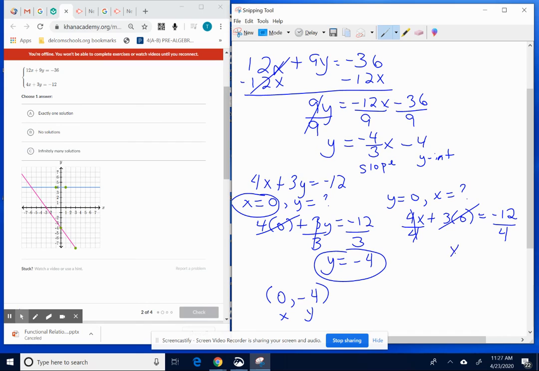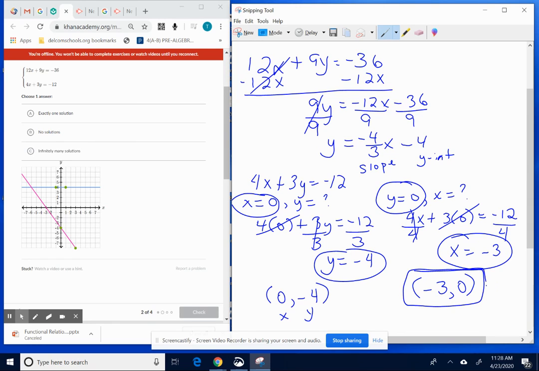When I do that, I get x equals -3. So when y is 0, x is -3. When I write it as a point, I need to put my x coordinate first, -3, and my y coordinate, 0. So here are my 2 points I'm going to graph: 0, -4, and -3, 0.